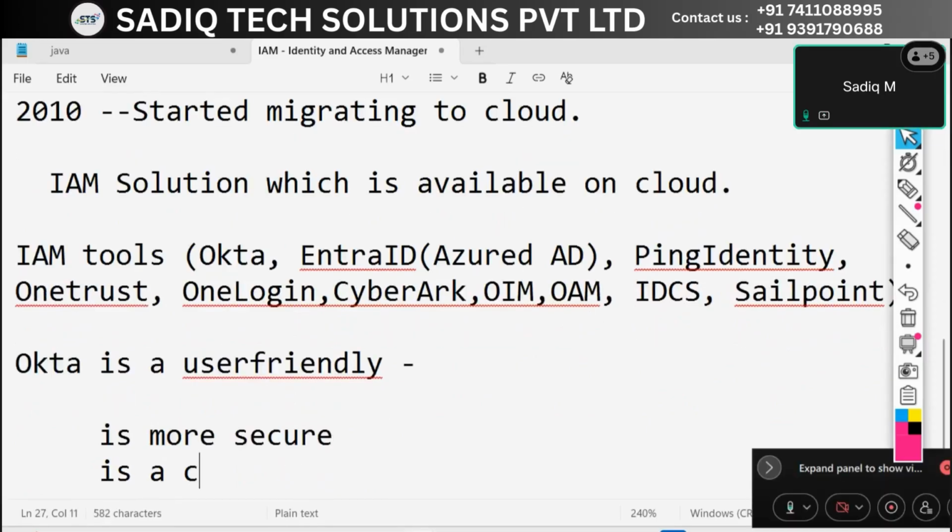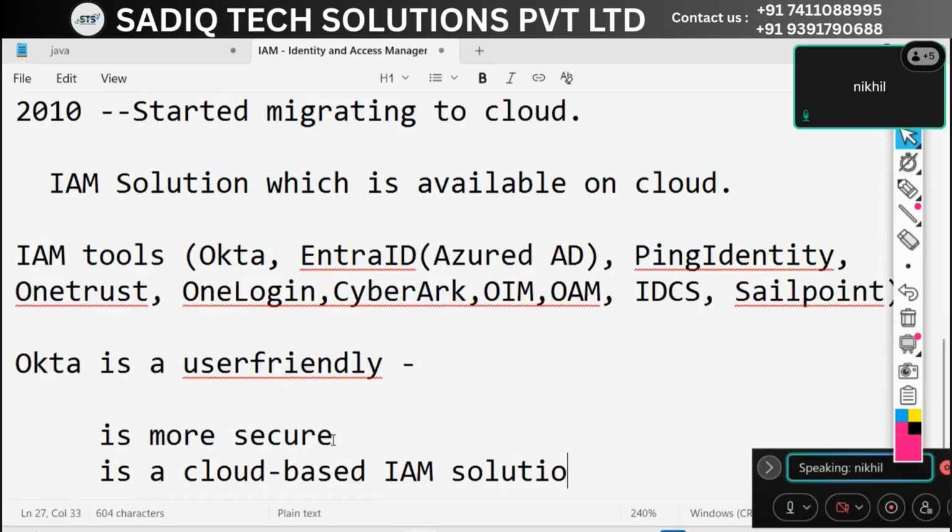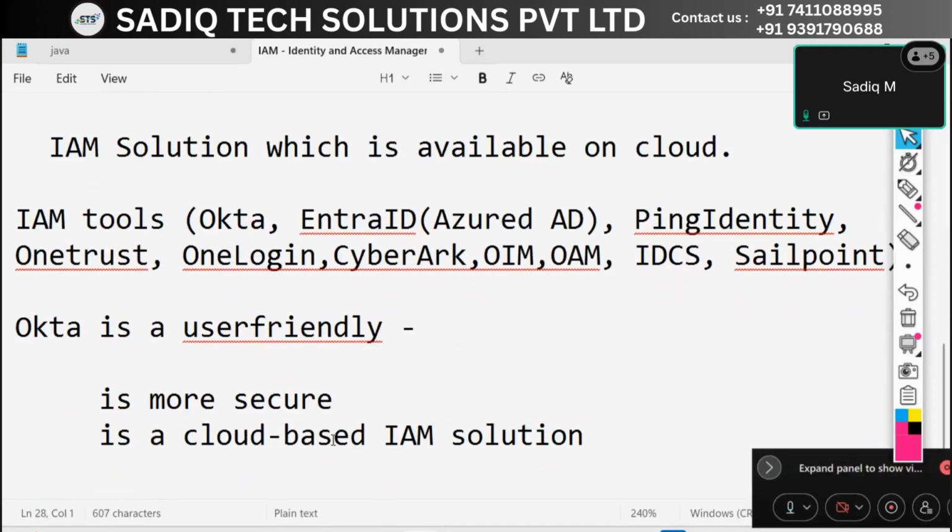Also, it is a cloud based IAM solution, right? And many more other actually. So, in a nutshell, Okta is having more opportunity in terms of IAM engineers.